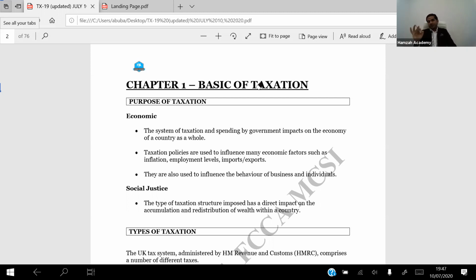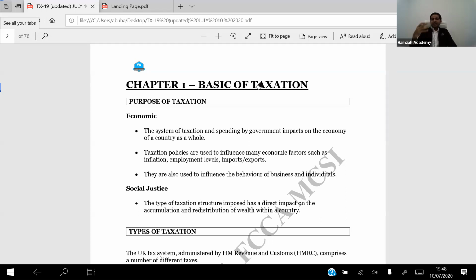The economic factor of the taxation system is that when you collect money from the people who are actually earning well, you will be able to spend that money on the sectors where people actually need it. So imagine when you are a developing country, I'll give you the example of Pakistan, or any other developing country. They have lots of sectors available, let's just say healthcare or education or infrastructure, building more roads and rail systems.